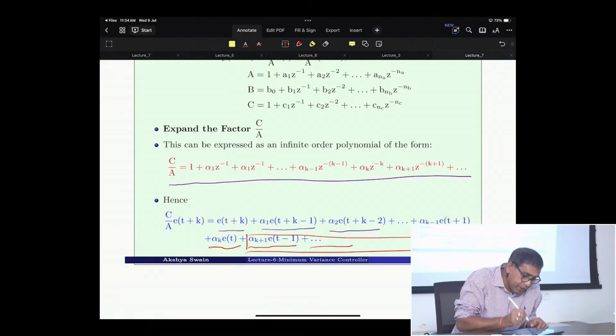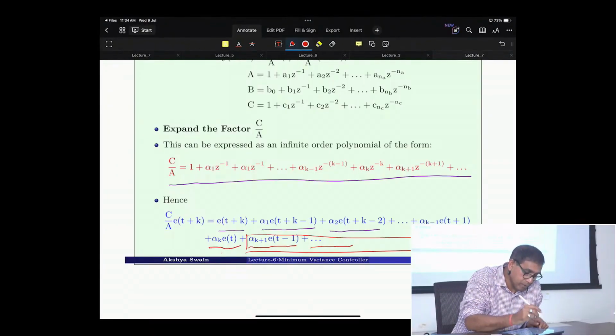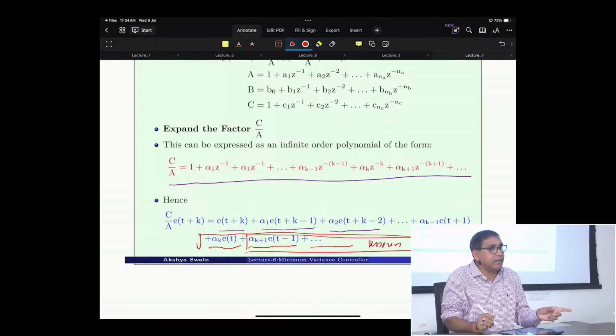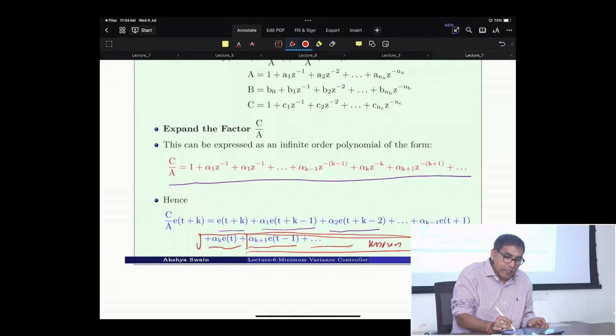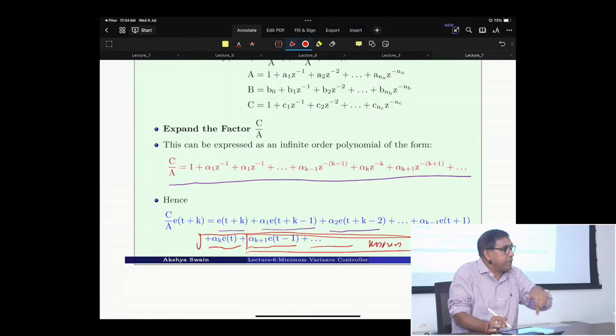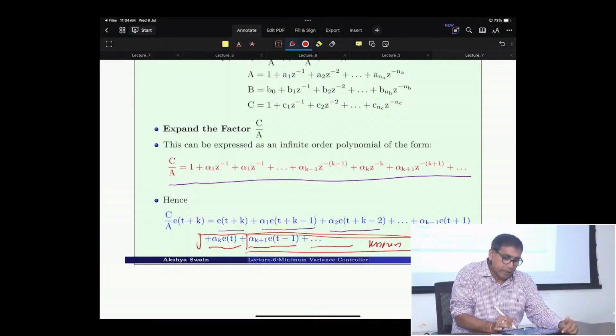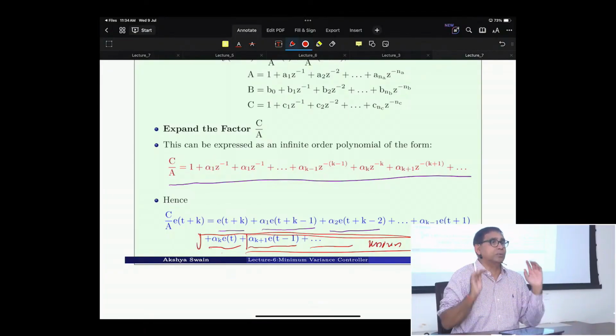Or even et also is known, because this depends on the past values, right? And this one, alpha k minus 1, et plus 1. Do you know et plus 1? You are at time t. et plus 1 is not known. This is et plus 2. Previous one is et plus 2, right? Similarly, et plus k. You do not know.